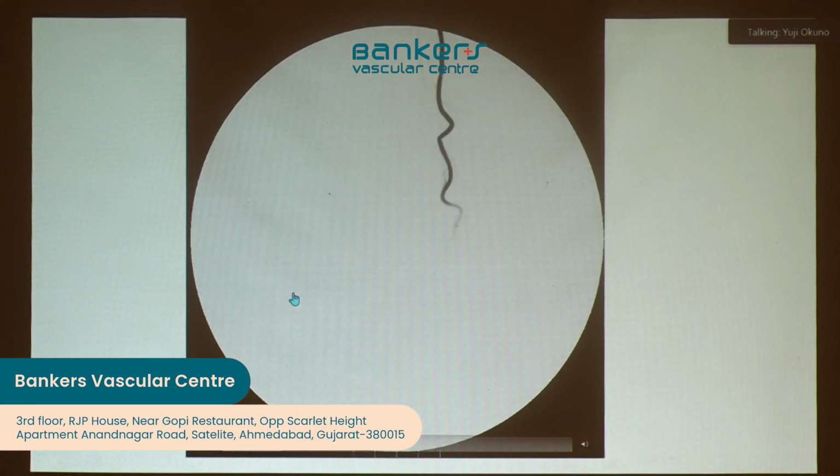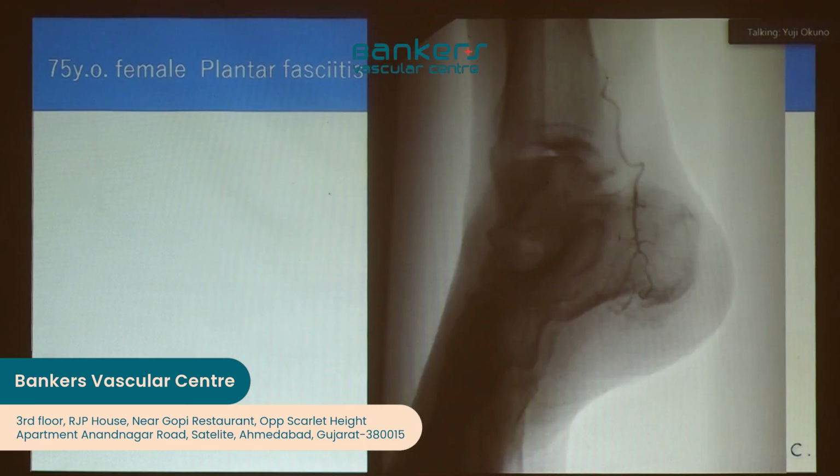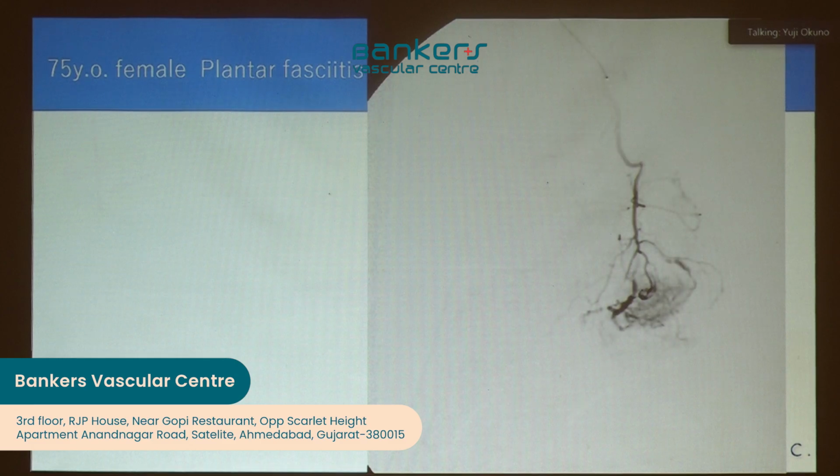And this is a normal angiography from the posterior tibial artery. This is the normal appearance, but compared to it, this is the angiography of the present case.